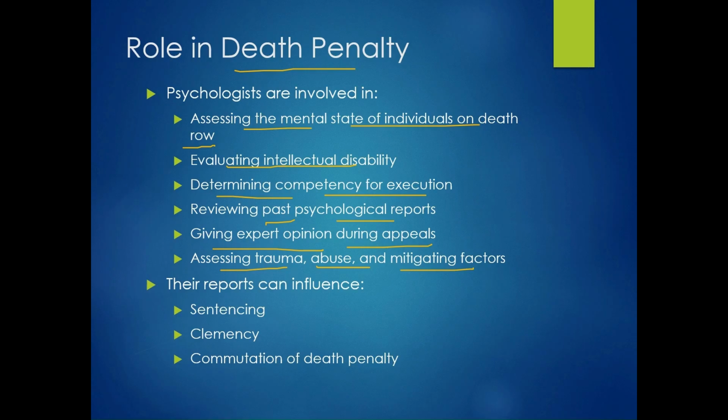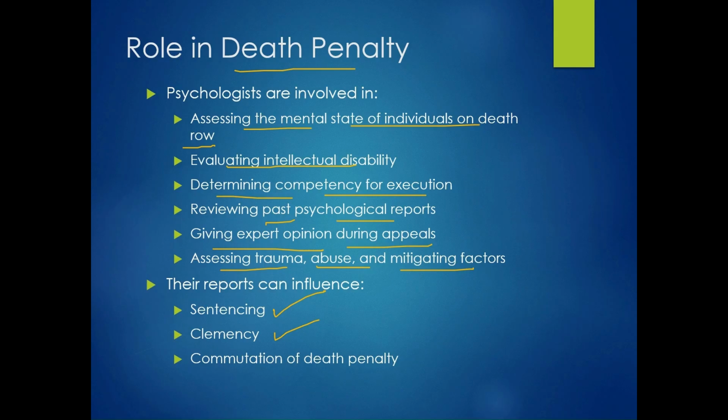The reports given by a forensic psychologist or correctional psychologist can help the courts to decide on sentencing and clemency. Clemency means whether the death sentence should not be given, I mean, showing mercy to the accused, right? Clemency is basically showing mercy.